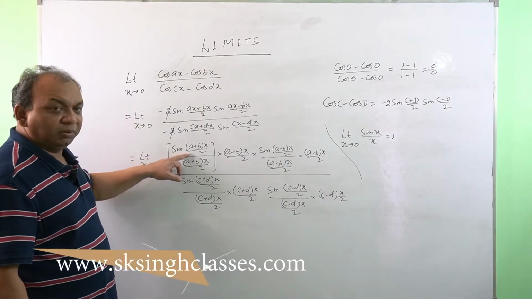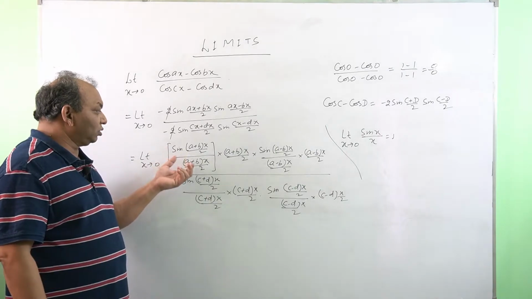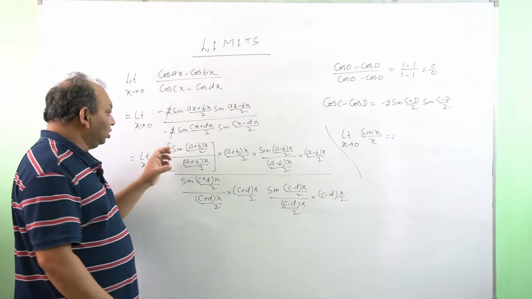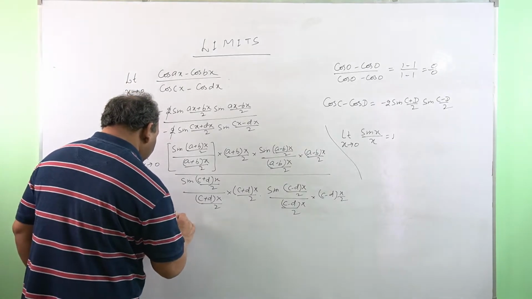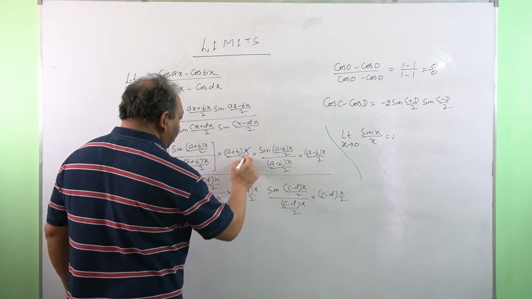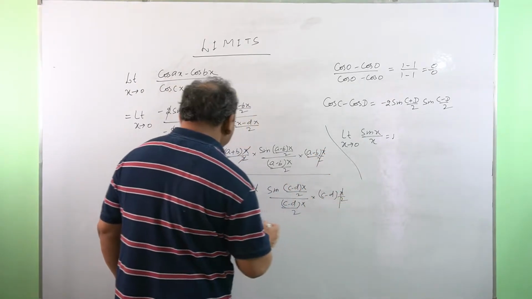This is of the form limit theta tends to 0 sin theta by theta, and we know that limit theta tends to 0 sin theta by theta is equal to 1. So we can write here 1. X by 2 cancels out, x by 2 cancels out.